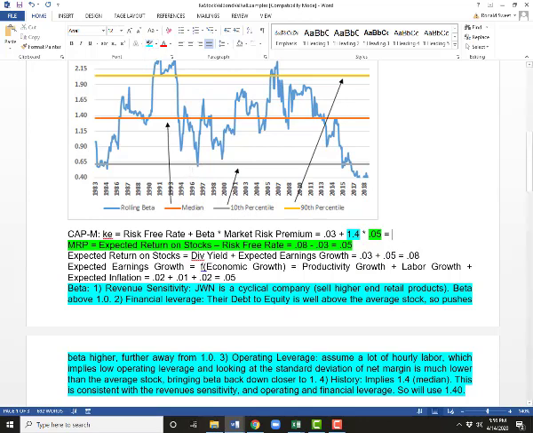So 3% plus 1.4 times 5, 1.4 times 5 should be, what is that, 7%? So 7% plus 3% gives me a discount rate of 10%. So there's my discount rate, and that's what I'm going to use in the next problem. That's my answer, and that's your answer for question 1. If you do all of this, you would get full credit on question 1.